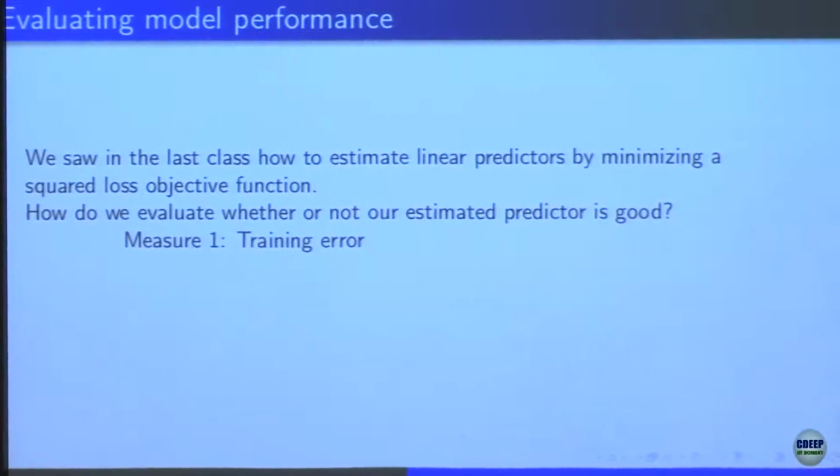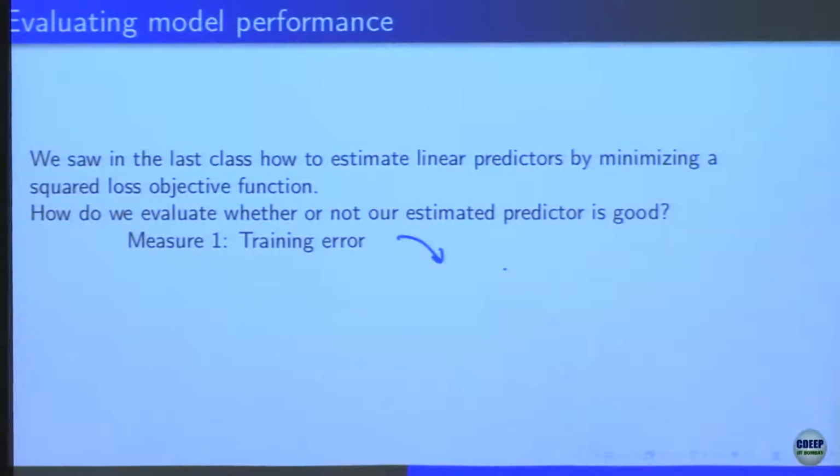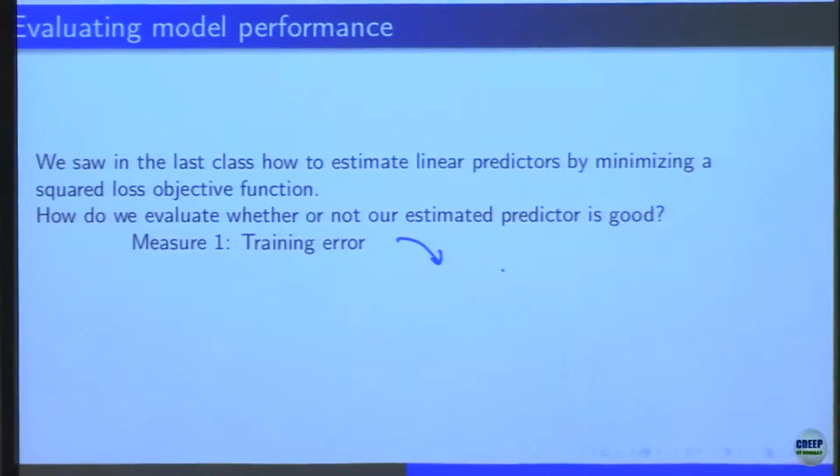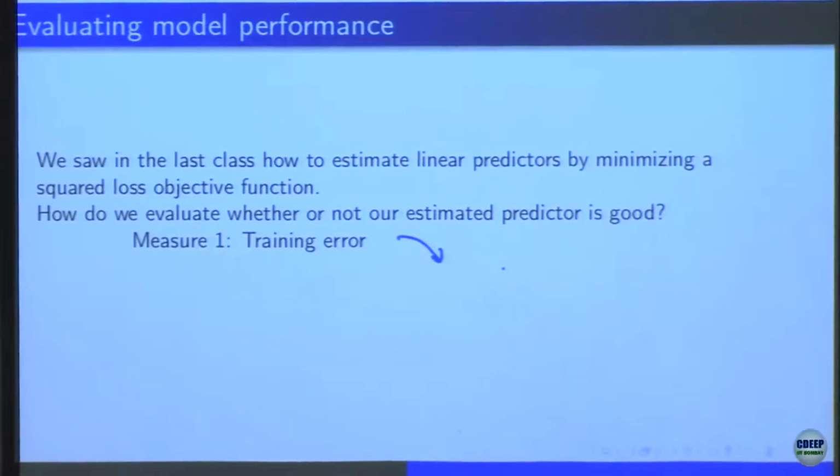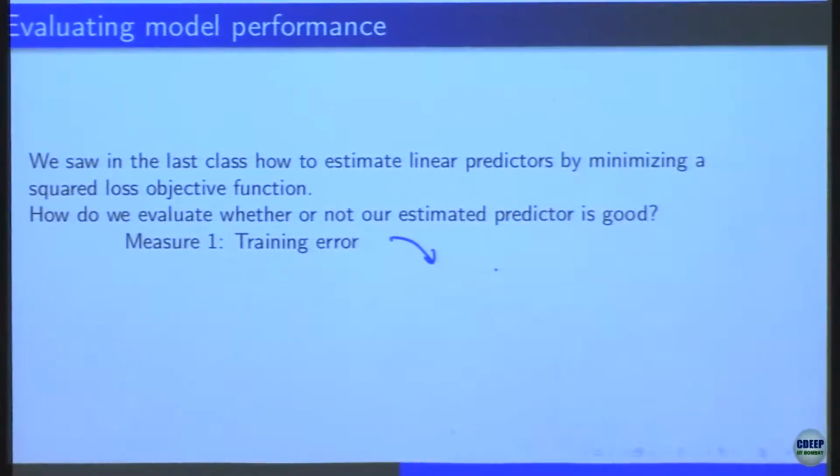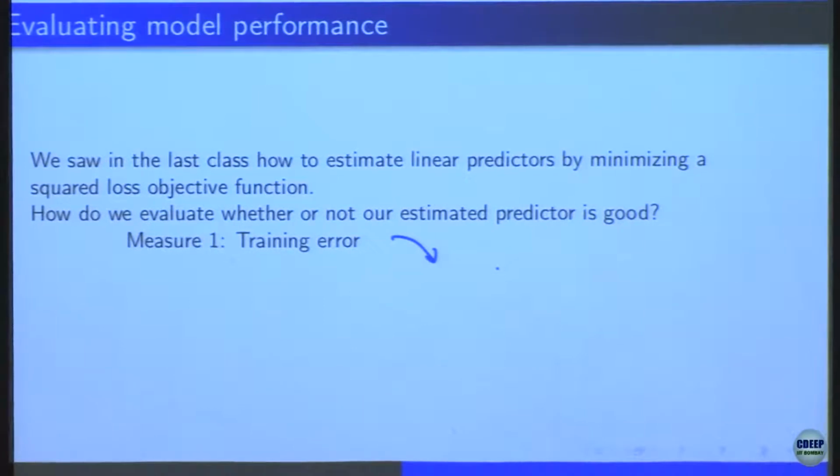But we already saw in lab assignment 1, part 1, tutorial 2, that the ridge regression estimate will always have higher error than the least square solution. So training error is not good enough.